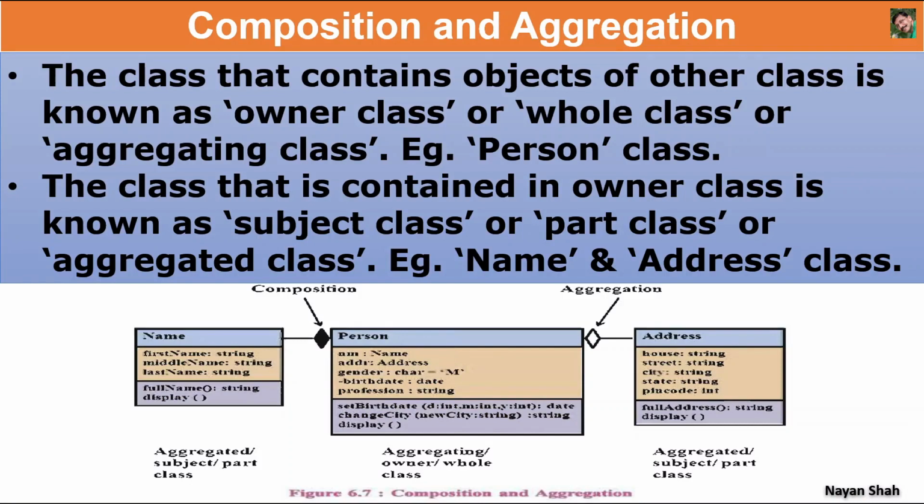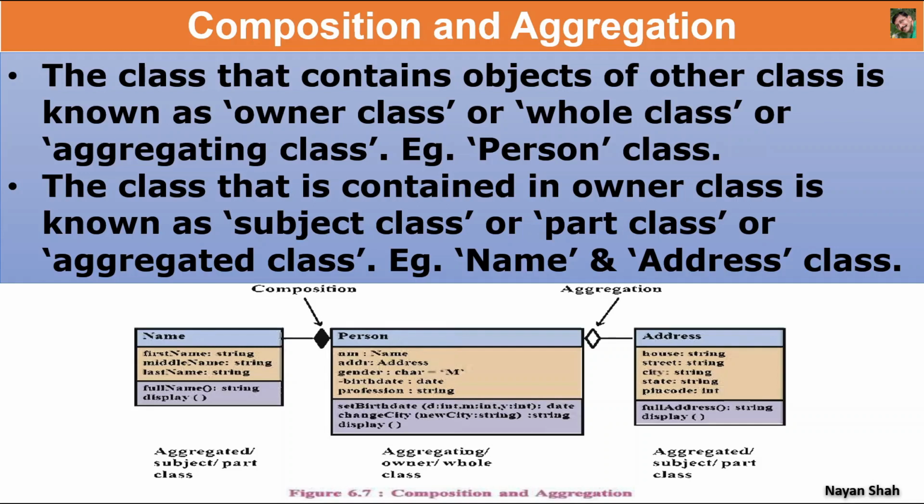Composition and aggregation. Now, the class that contains object of other class is known as owner class or whole class or aggregating class. Remember these three words for composition and aggregation, because board is quite often asking these questions related to this.